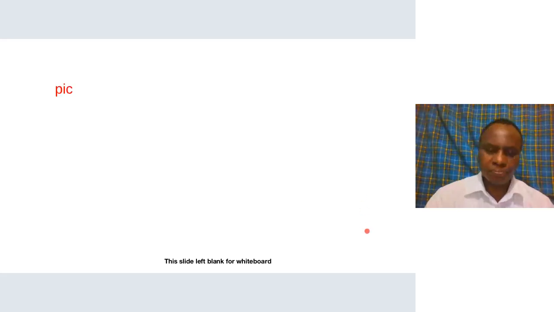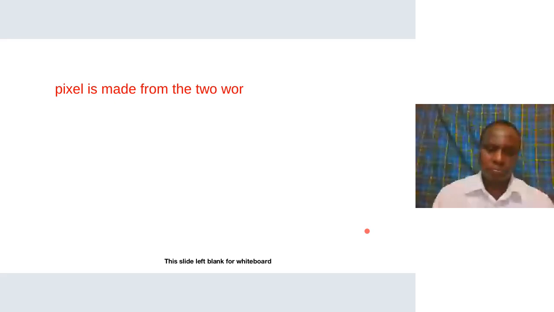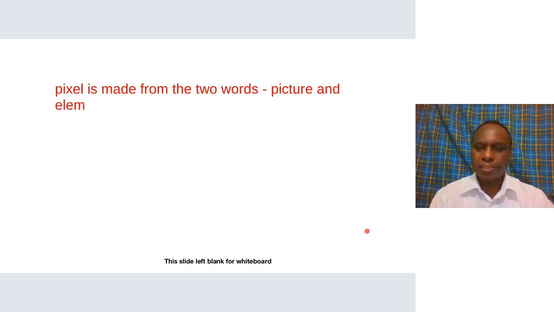That pixel is a word that is made from the two words, picture and element, as Moiri has stated there.